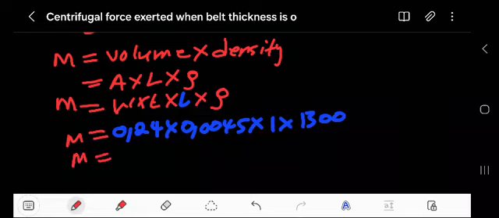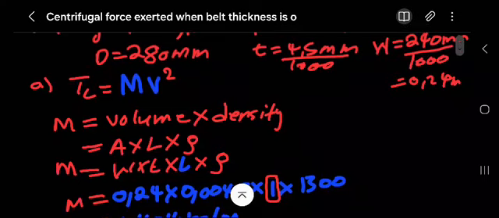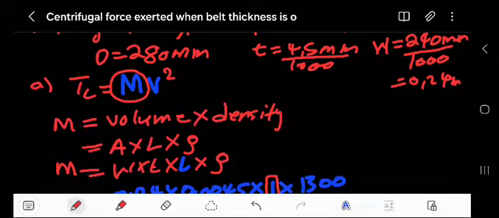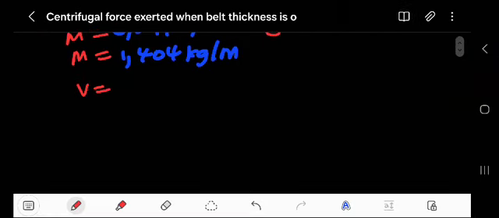The mass will be 1.404 kg per meter, because we take the length as 1 meter. Now the goal is to find the velocity. The velocity is equal to pi D multiplied by N over 60. Be careful here on the diameter.